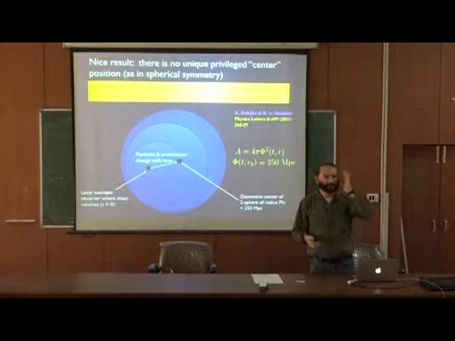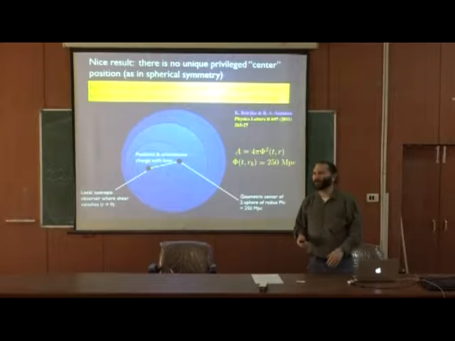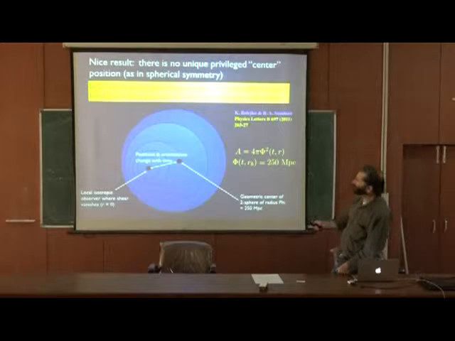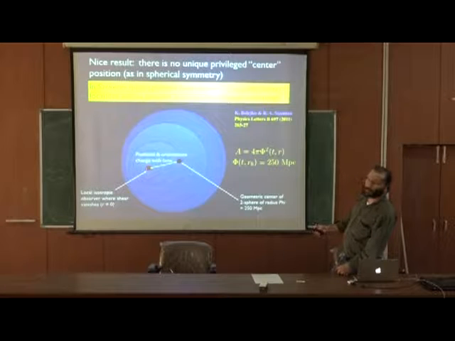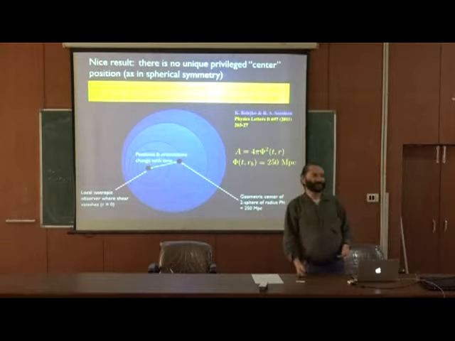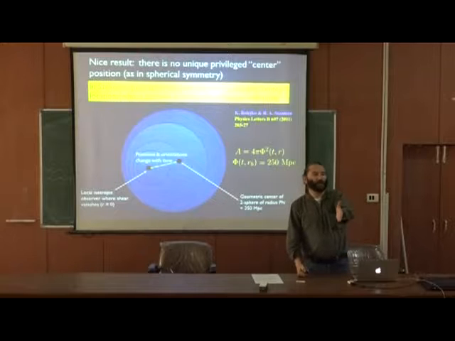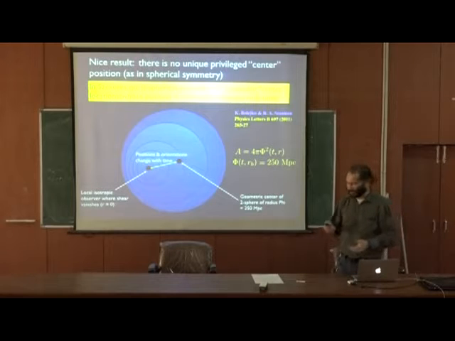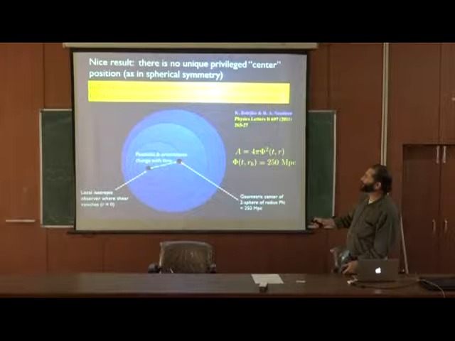Means you can give rotation to the whole diagram as a whole. No, that's not the point. The point is that we have two privileged observers instead of one. Therefore, if you are near one, you can be far from the other. That means that your position is not unique. In spherical symmetry, these two are the same and stay put. Therefore, to fit the CMB, you have to be here.